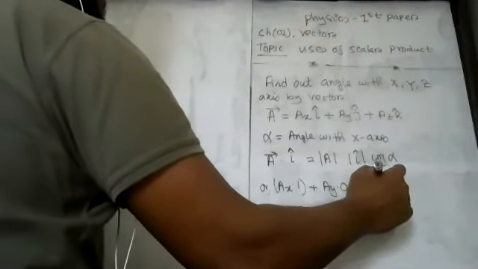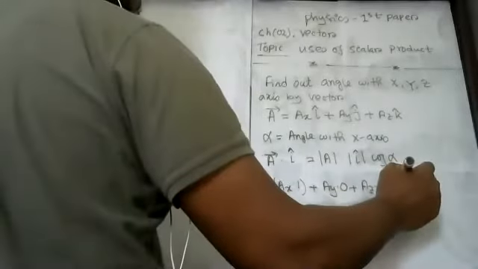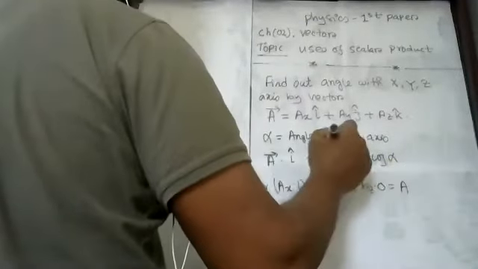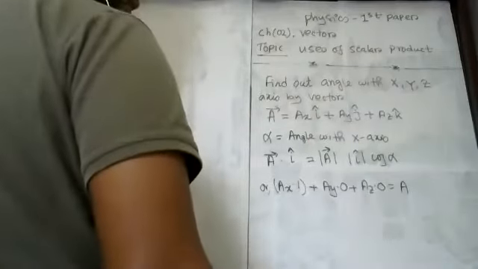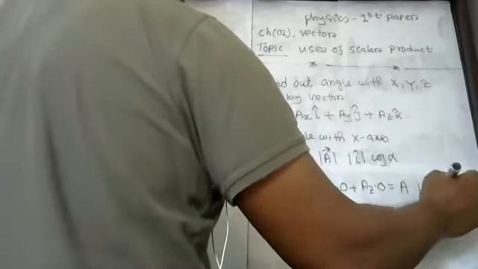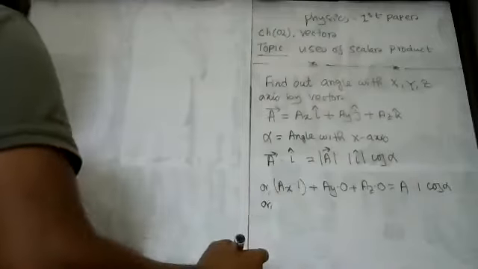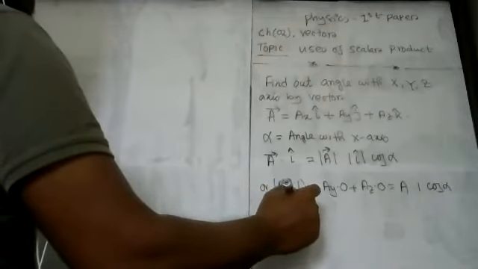Similarly, AZ into k hat. Vector A equals the magnitude of A, and the modulus of i hat equals 1. So this will equal 1, and then cos alpha. Now AX into 1 is nothing but AX.